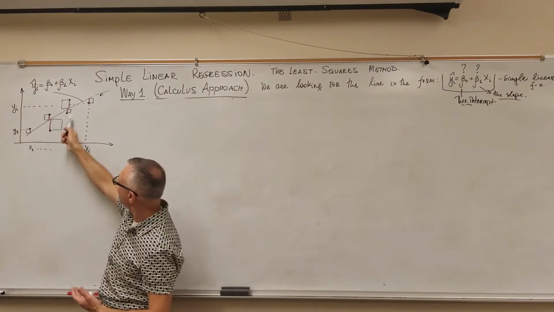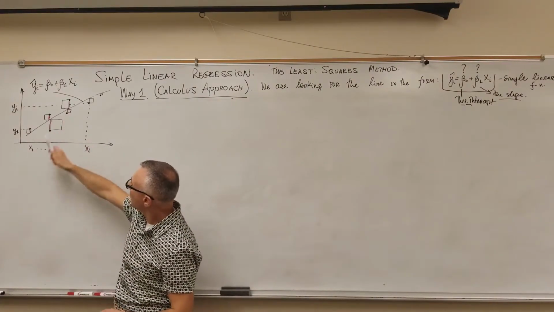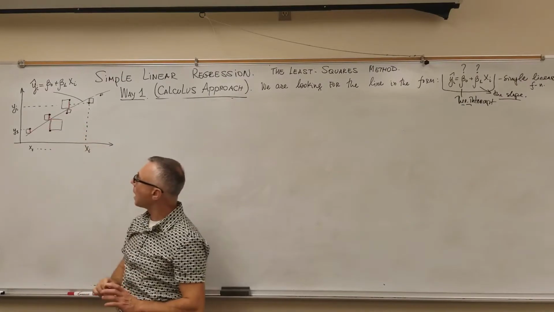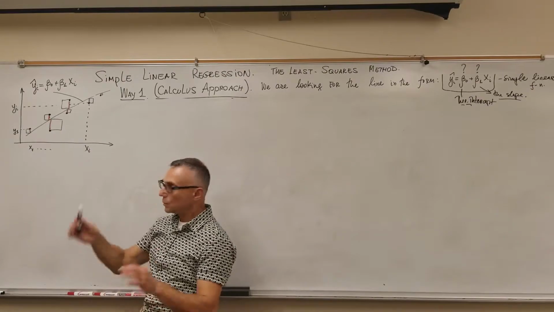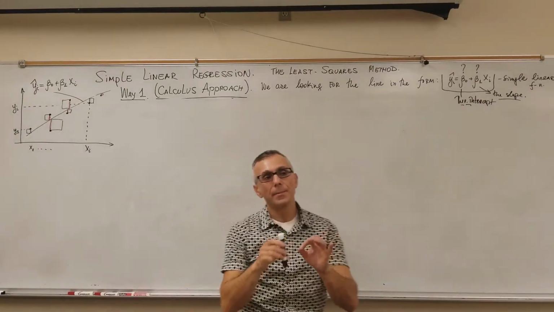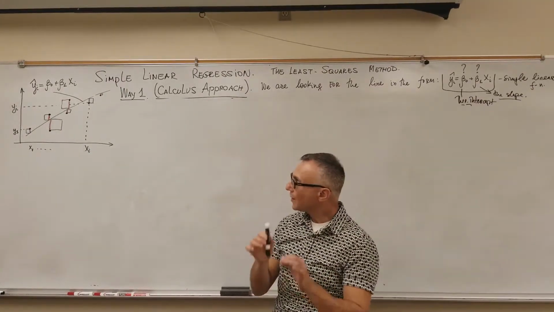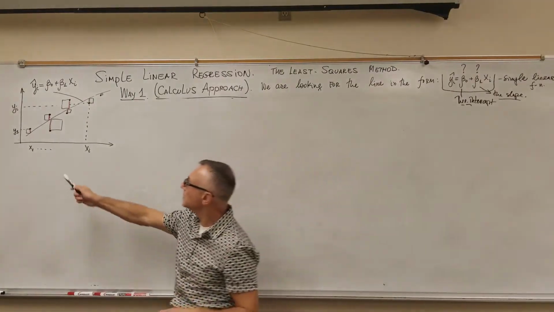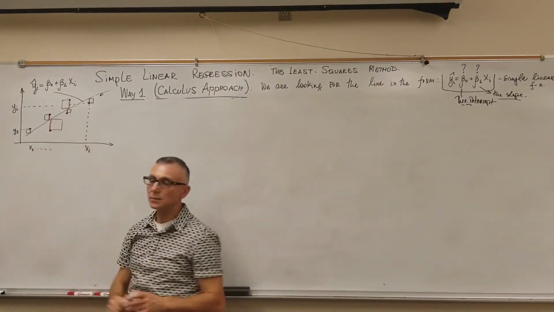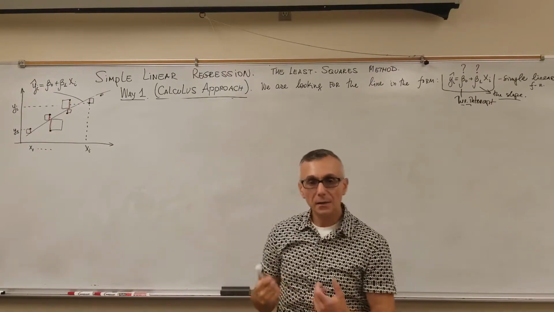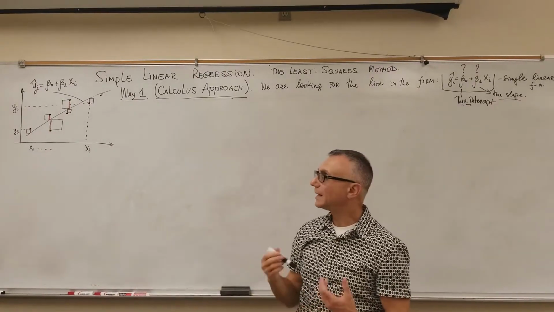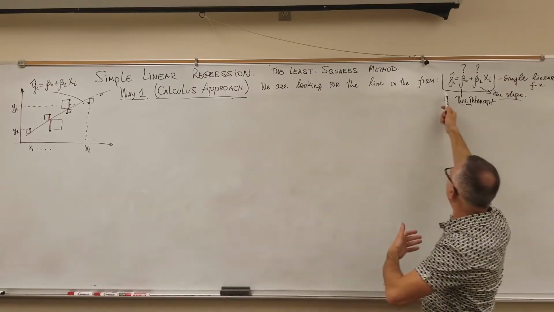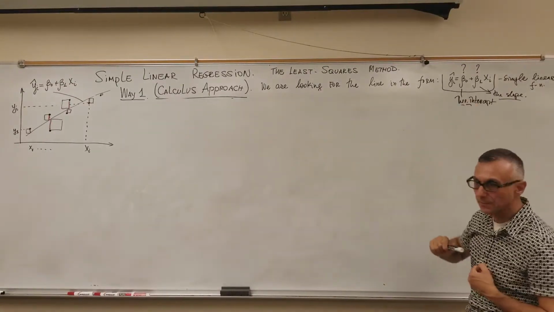If you have your scatter plot, the data points here, you look at the differences between the data points and the outputs on the model line, you build up the squares with the sides on the sides of those differences, and the sum of all the areas of the squares for this line of best fit will attain its minimum. So I'm looking for the line in the following form, the slope-intercept form.